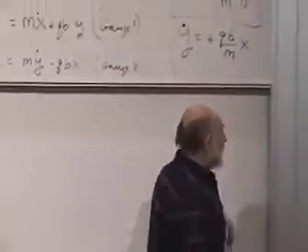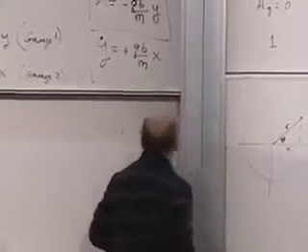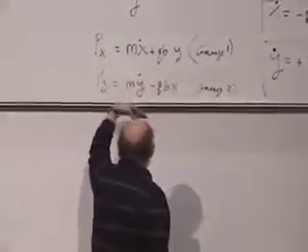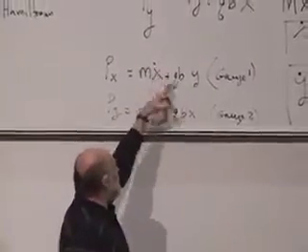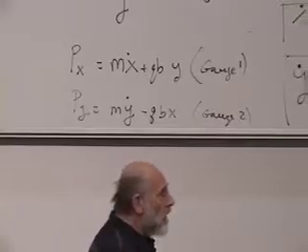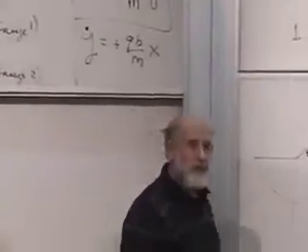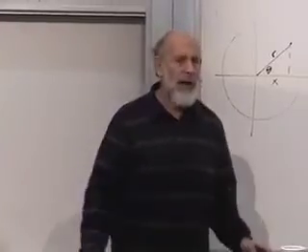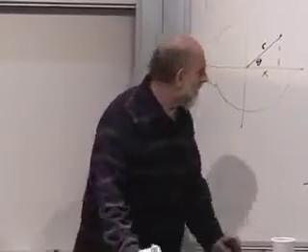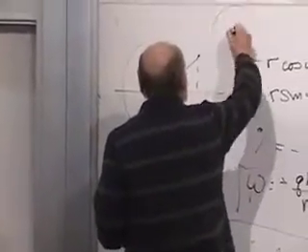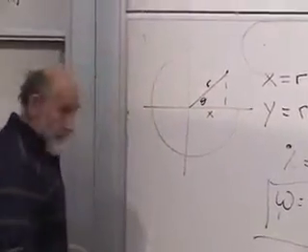The circular motion about the origin here corresponded to both this px and this py equal to 0. If I set this equal to 0, that's setting m y dot equal to qbx. What if I have a circular motion, since after all, the magnetic field is completely uniform? One place is exactly the same as another. I should be able to consider a circular motion moving around some other point.